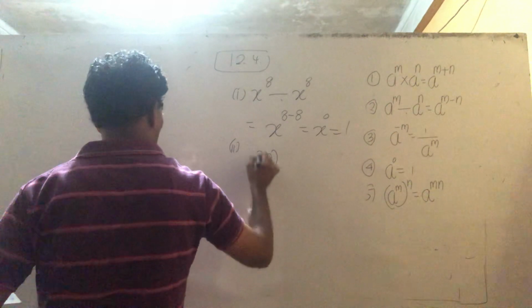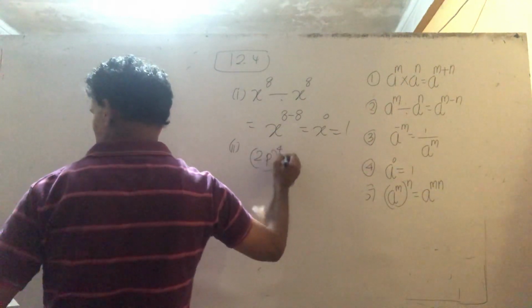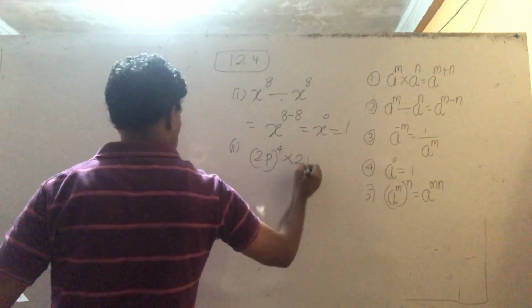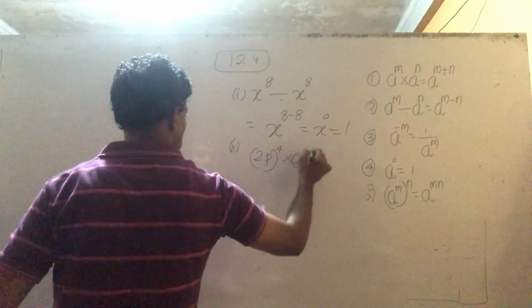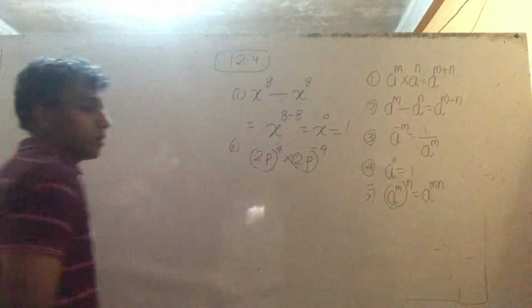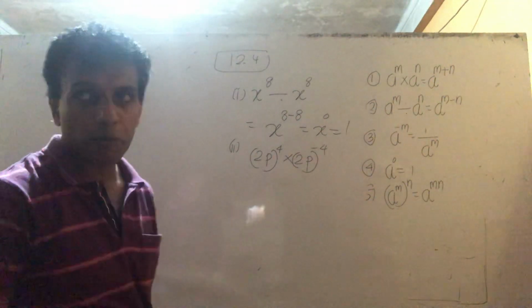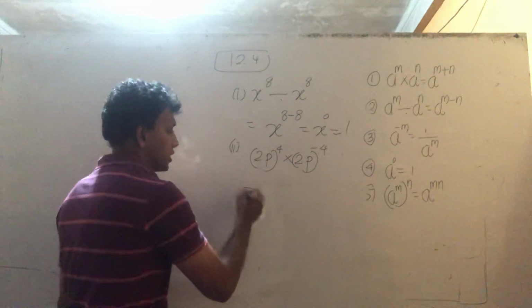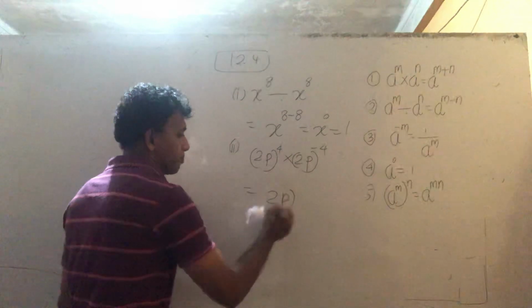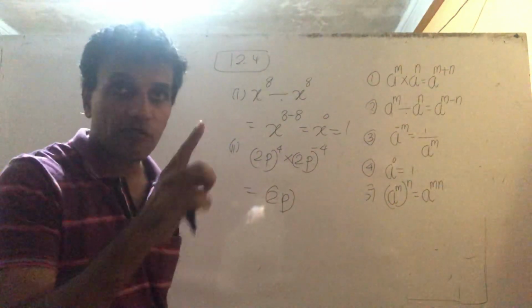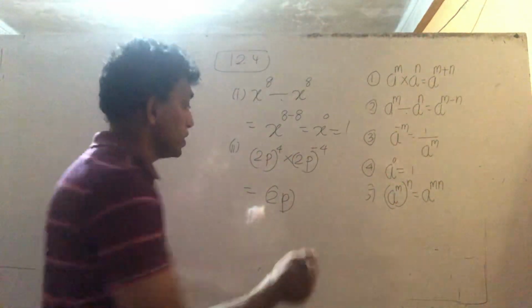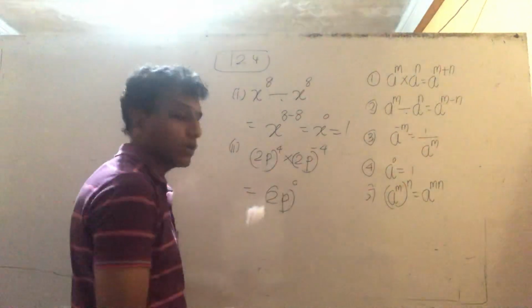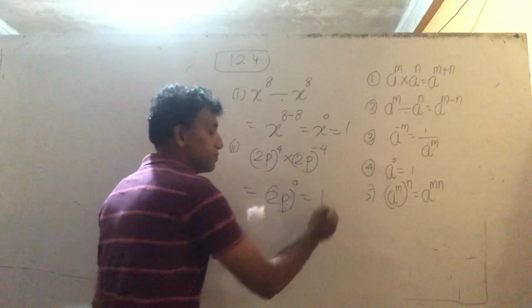Next, p power 4. The base is 2p, the powers are minus 4 plus 4, same idea. So 2p base is the same, at the power 4 minus 4, 0. Therefore the answer is 1.